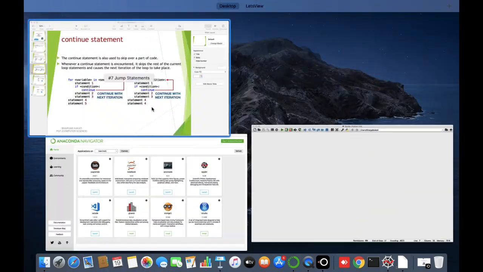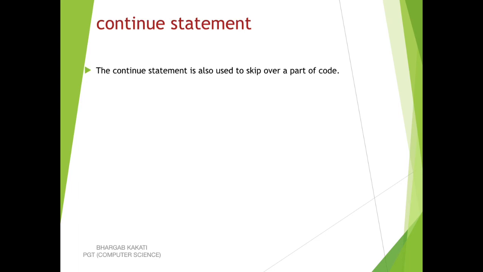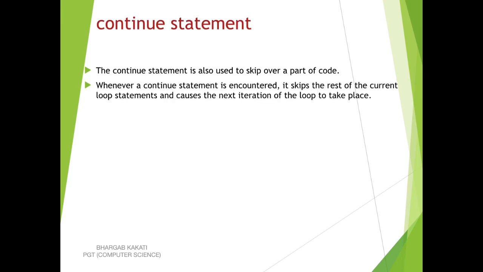Now let us go to the next statement, which is the continue statement. This statement is used to skip over a part of code. If you want to skip a part of code only temporarily, meaning only for the current iteration, then we will use a statement known as the continue statement.